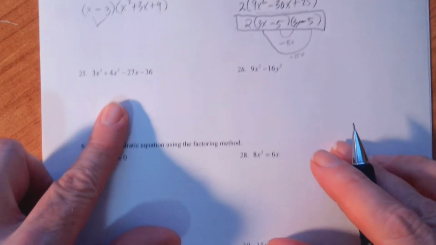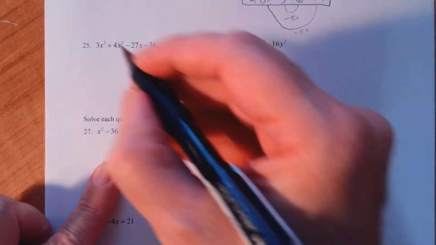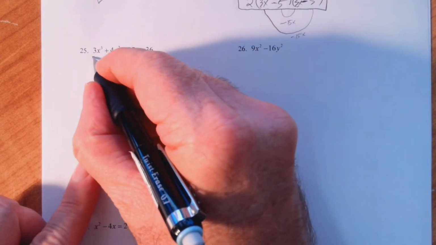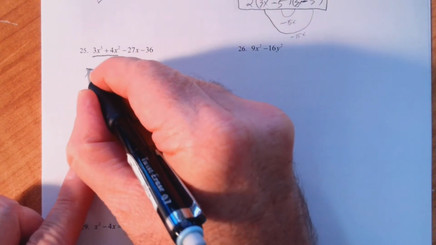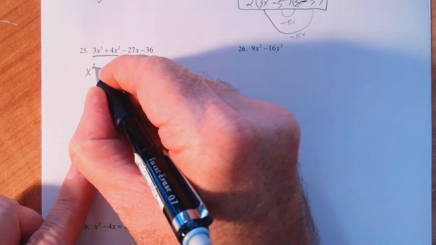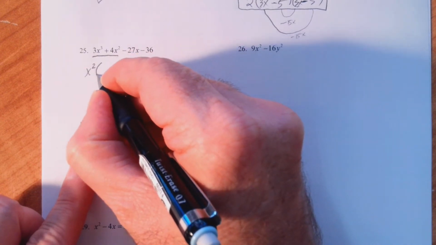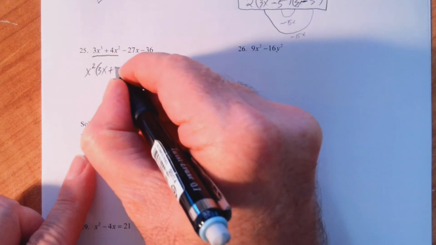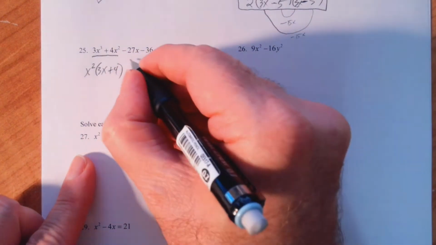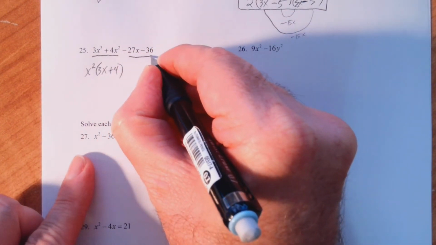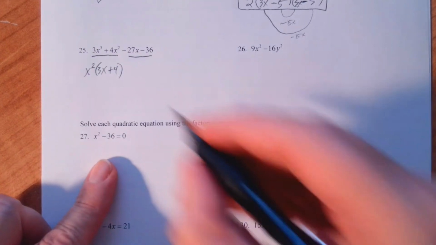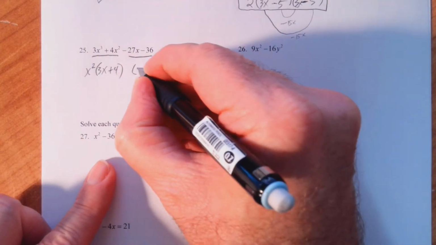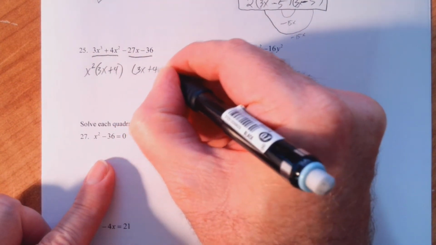Alright, on 25, we're definitely going to want to factor by grouping. So let's go ahead and group these first 2 terms, and notice we can factor out an x squared, that's all, times 3x plus 4. So when we factor these second 2 terms, we're expecting to get a 3x plus 4.